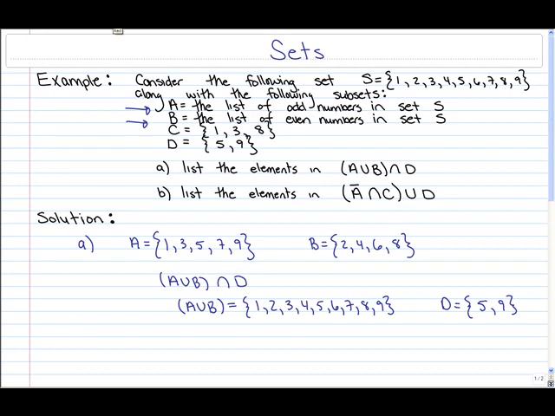And so if you look at these two sets here, we want the intersection of the two. What's in common with both of those sets? So what's in both A union B and set D? Well, the number 5 is in both, as well as the number 9 is in both. So finally, we have an answer: A union B intersect D would just simply be the elements 5 and 9.